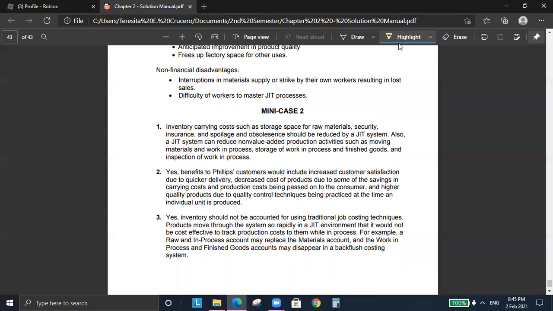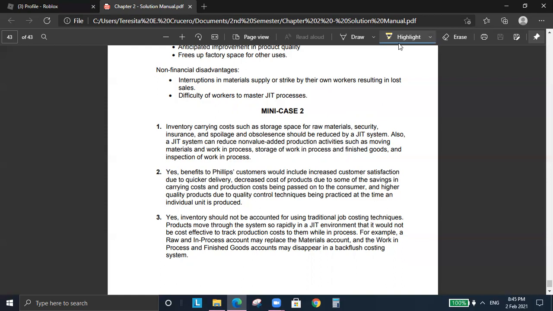The president, Bruce Phillips, wanted to know whether this change would merely affect how goods were ordered and produced, or if it would also impact the financial health of the company, as well as the accounting system itself.